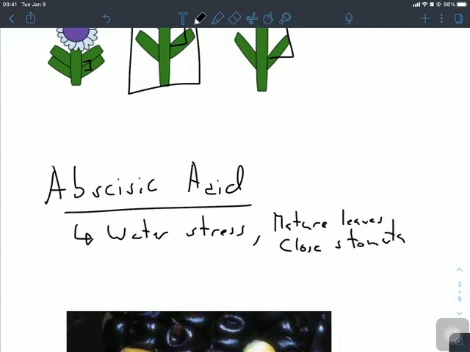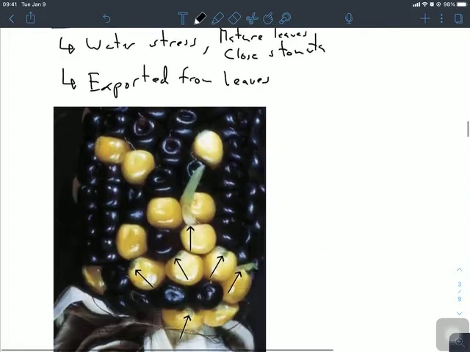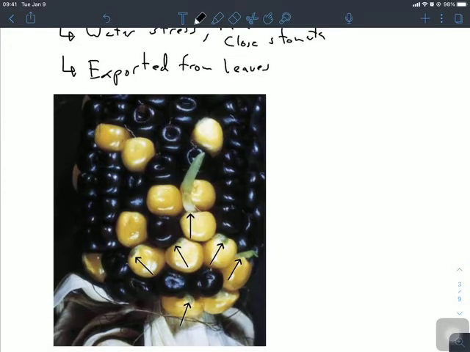It is exported from the leaves elsewhere in the plants. So that's their ultimate source, and then it can move around the plant to help deal with other factors in plant stress. But it's not just involved in closing the stomata.